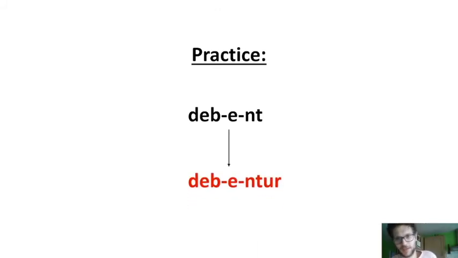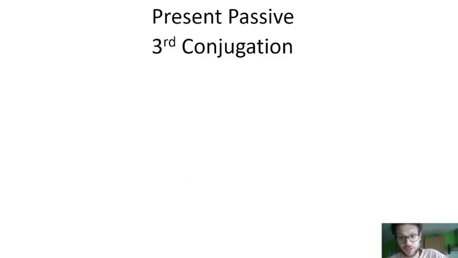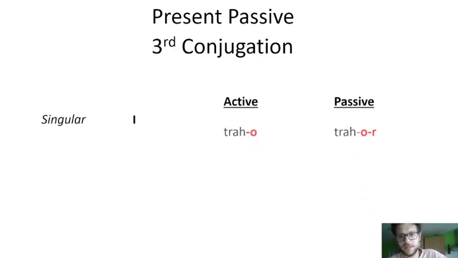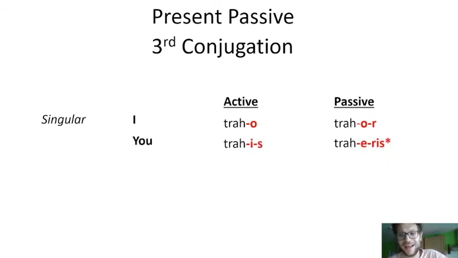Okay? Third conjugation. Singular. I. Traho becomes trahor. Trahis. And now there's a slight change here. You'd think it would be trahiris with an I rather than E. However, in the third conjugation, this changes to E, which makes it a little bit more tricky.